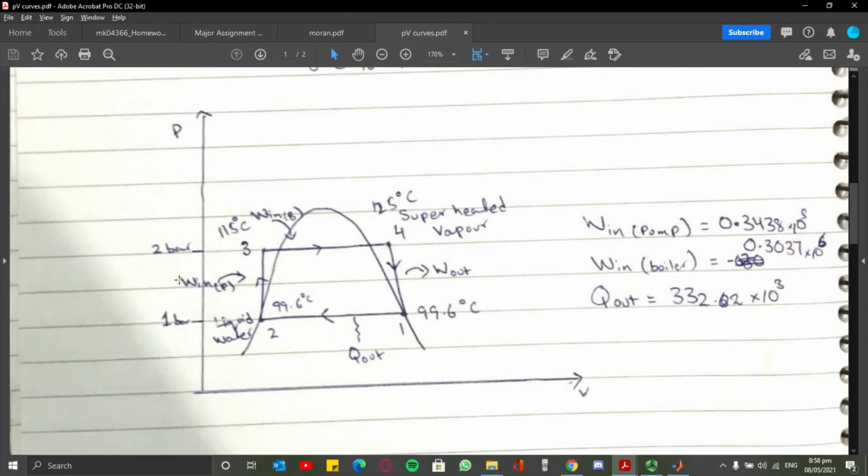So we input the work, that is the pump, and the temperature rises to 115 degrees, and then 3 to 4 is our boiler part, and again it converts to superheated vapor. So here are the other values: Wn, Q out, Wn of pump, Wn of boiler, and Q out from the radiator.